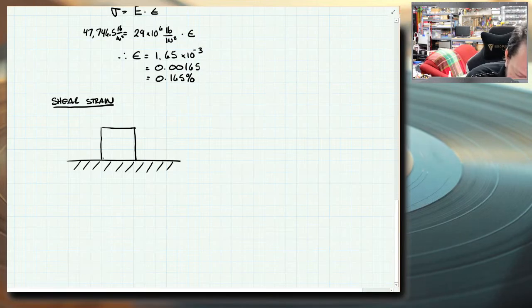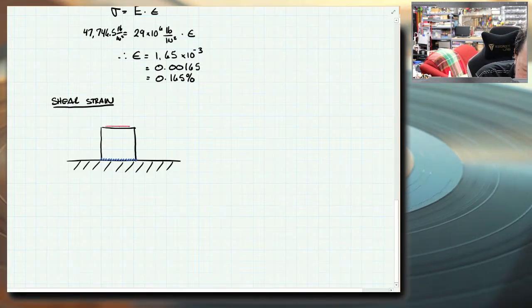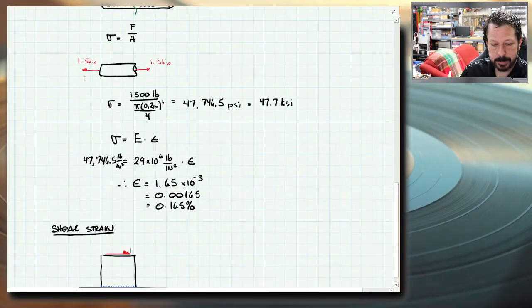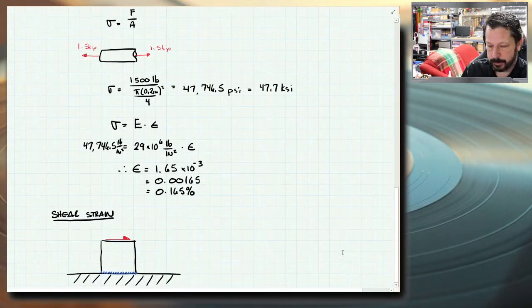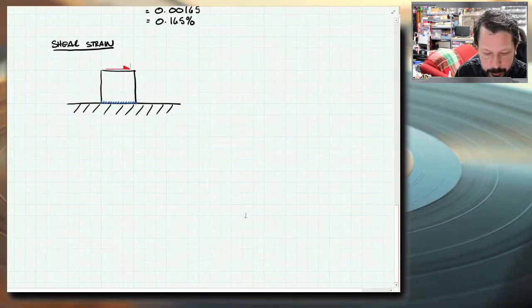And then let's say that we've glued it down here, so the bottom can't move. Now if I put a shear force across the top of this block, remember, the shear forces only have a single arrowhead. That's just how you can tell when you're indicating a shear force versus an axial force. The axial force has the double arrowhead, and the shear force has only half of an arrowhead, so just one triangle on top of it, or on bottom, whichever side.